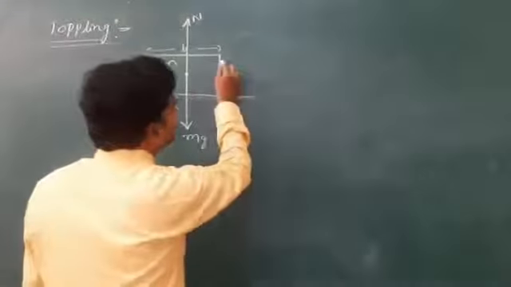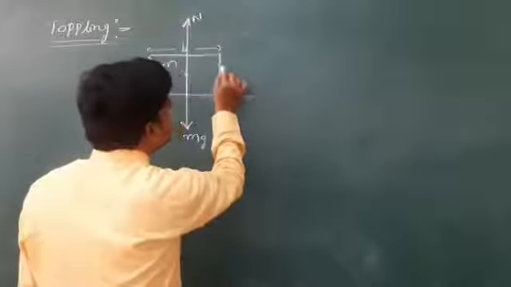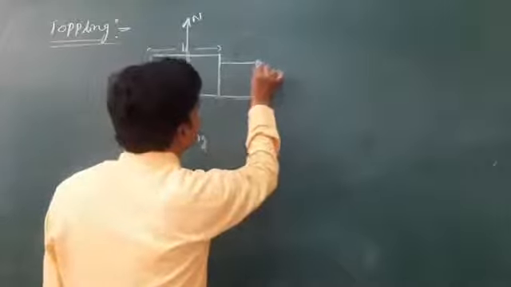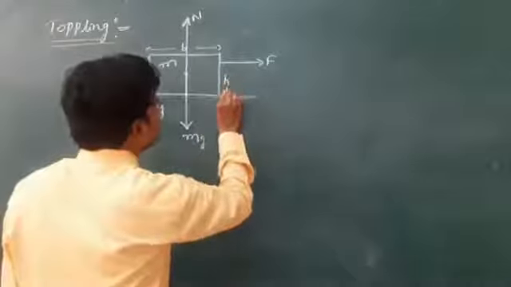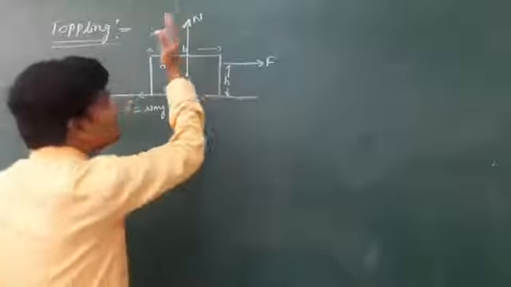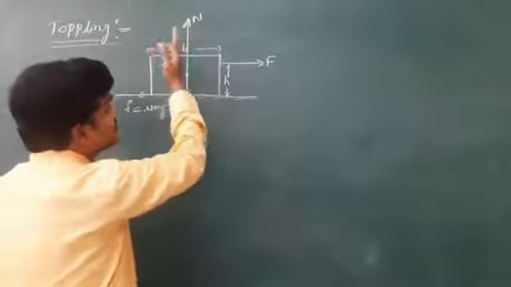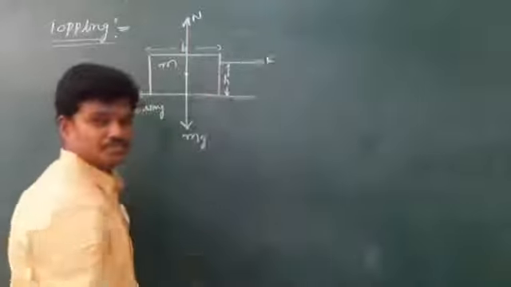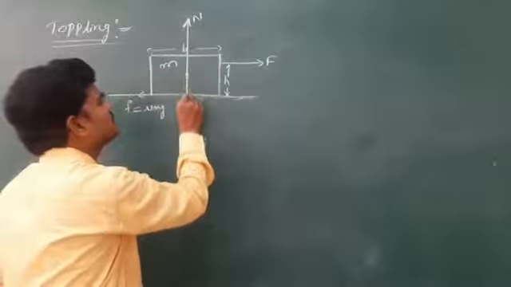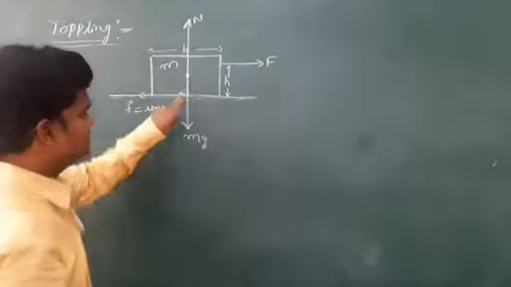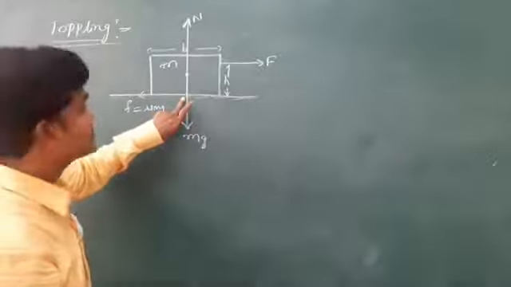If I apply the force and the height of the force increases, let me apply a force here. This is the applied force. If the height of the force increases, then the normal reaction force will shift towards the force. Generally in all cases we learn the normal reaction always acts perpendicular to the contact surface.